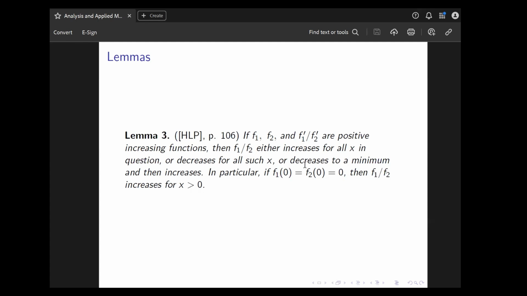There is a very elementary proof of this in Hardy-Littlewood-Polya's book on page 106. A particular case is also important and interesting. If f1(0) is equal to f2(0) equals 0 in this lemma, then f1 divided by f2 increases for x greater than 0.